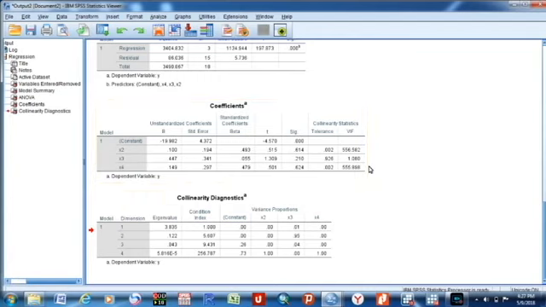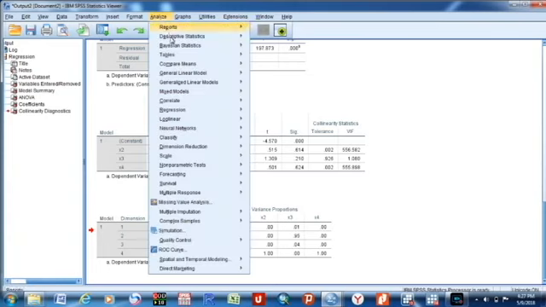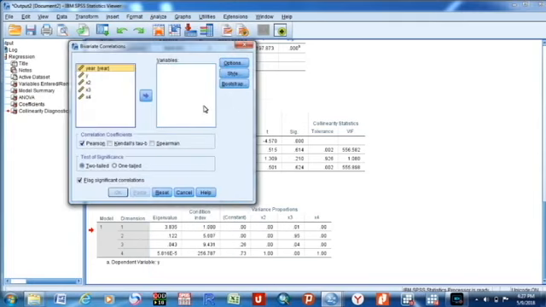In order to know which variable can be dropped from the independent variables, first we need to calculate the correlation coefficient between the two variables and the dependent variable. So in order to calculate the correlation between those variables, first we need to analyze, then correlation, bivariate, then y, x2, then x4, then okay.